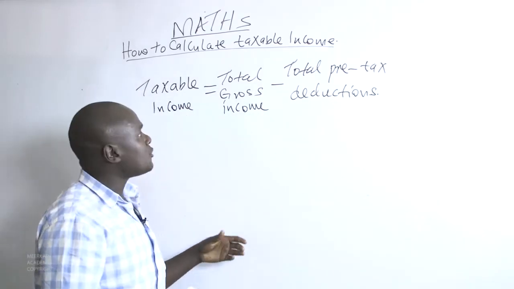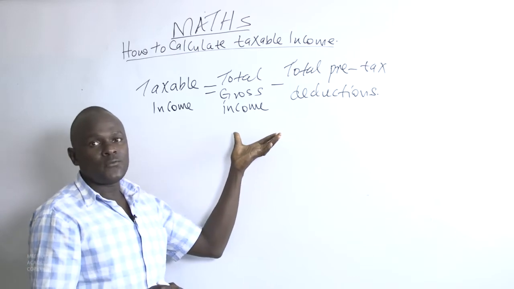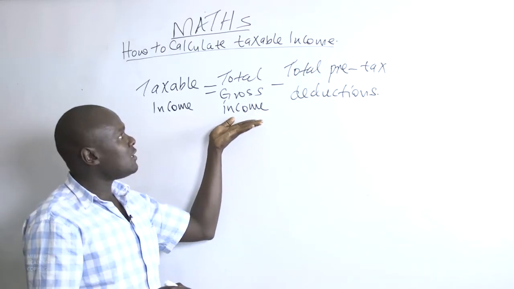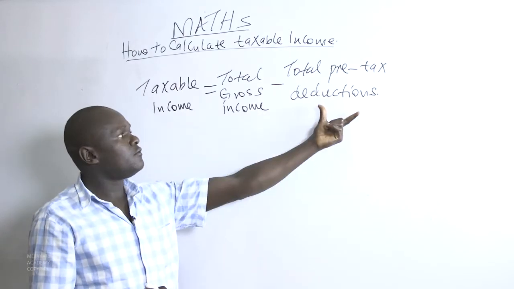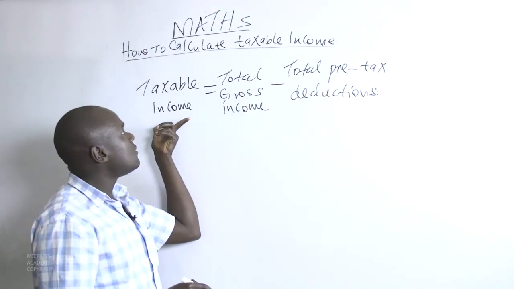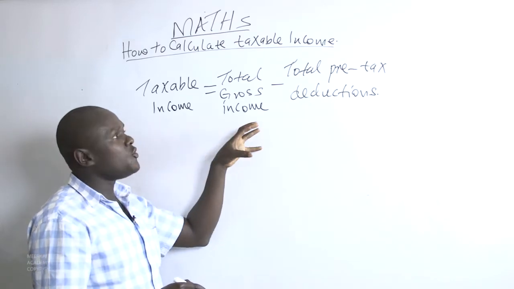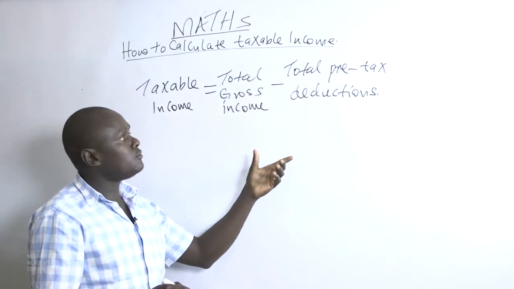These are the variables I'm talking about. You are faced with a situation whereby you've been given either this, or the two of them, and then you are not given the taxable income. So you are required to calculate the taxable income.